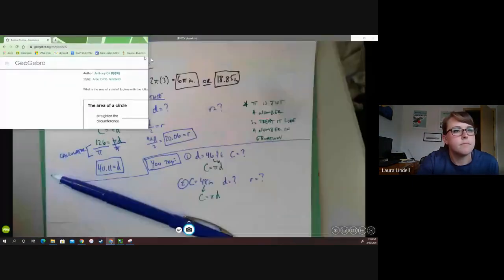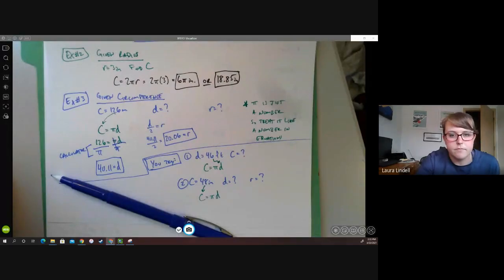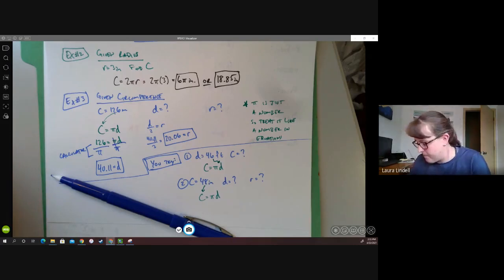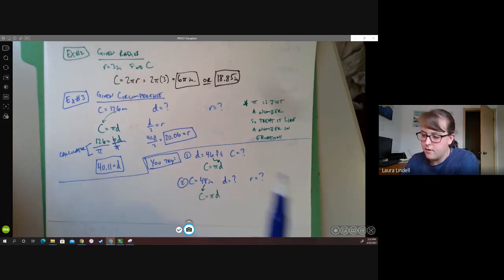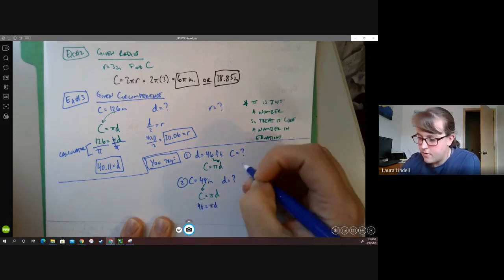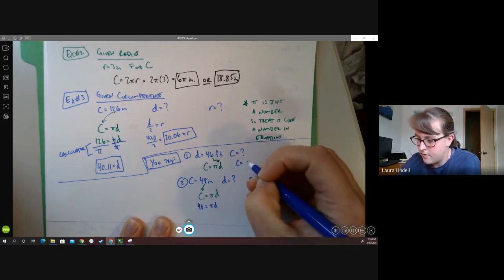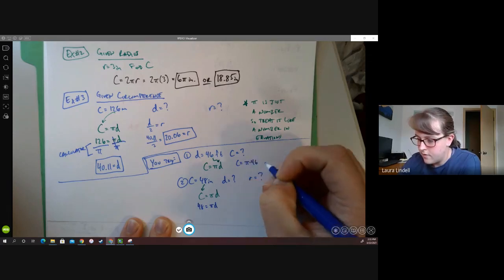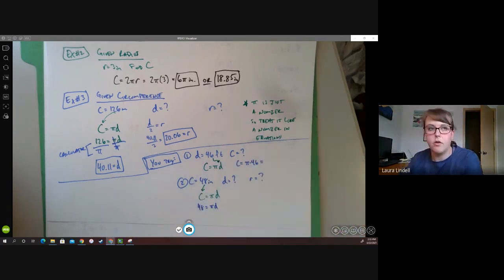Philip thinks he has the second one. Awesome. Go ahead and round to 2 decimal places for your answers.